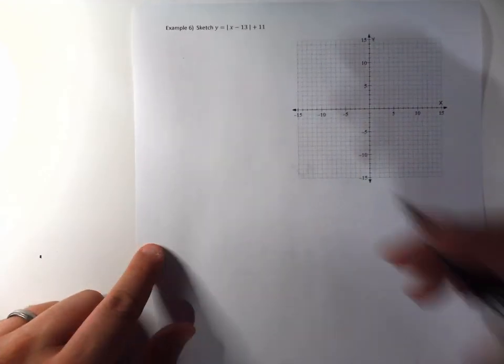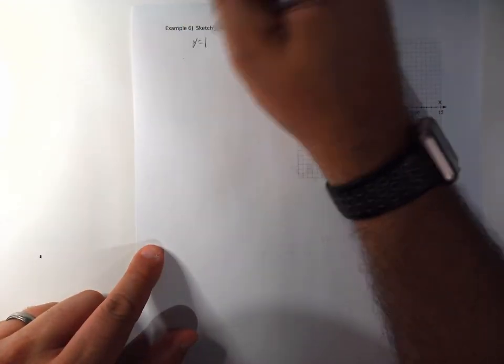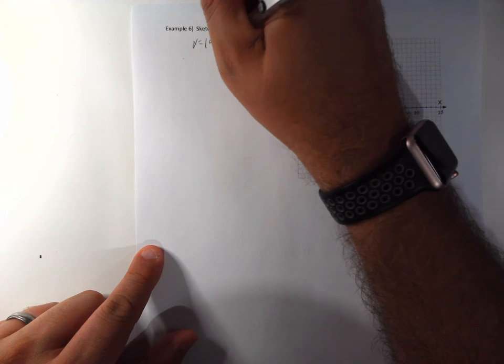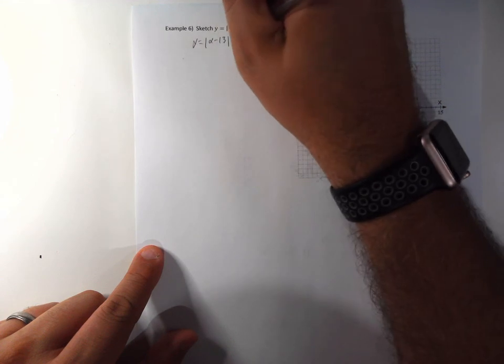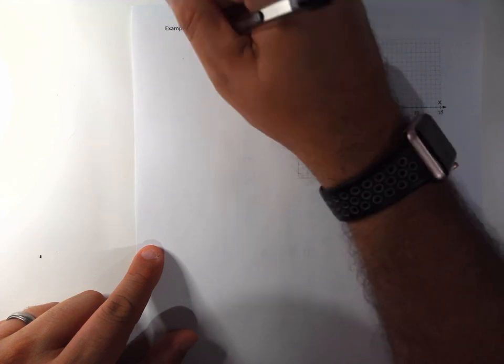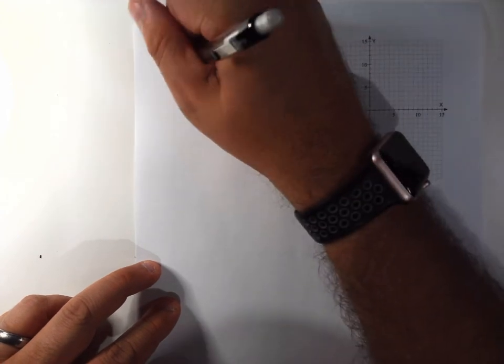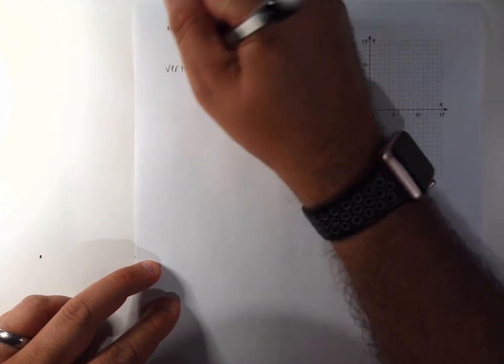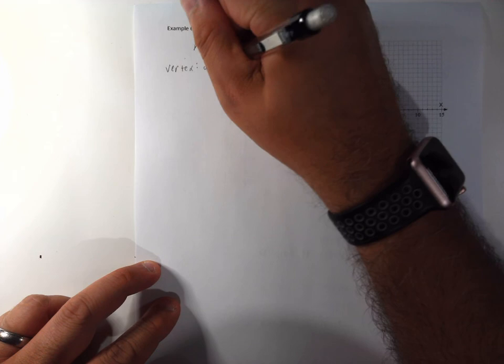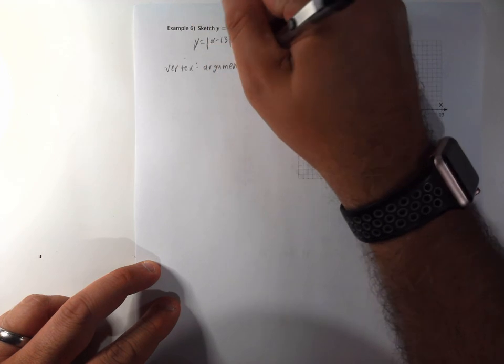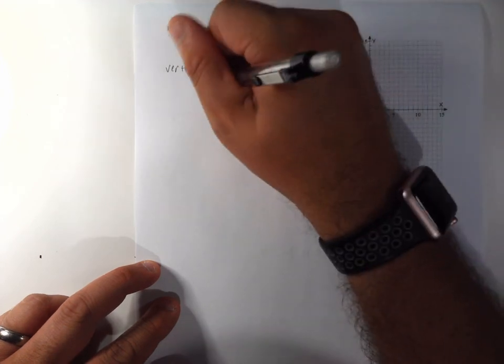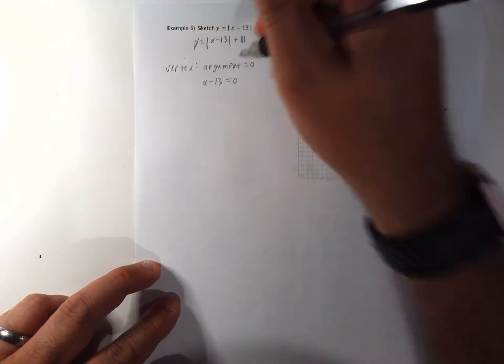Okay, so here we go. Y equals the absolute value of x minus 13 plus 11. And again, the vertex is going to be located where the argument equals 0. So where x minus 13 would equal 0.